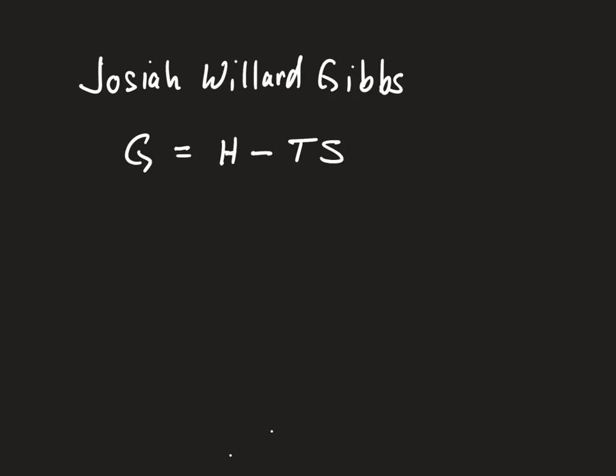Now, these are not things that we can usually measure in abstract. The only thing that can be measured in abstract is entropy. So we tend not to do this in terms of absolute numbers, but in terms of change numbers. So the change in Gibbs free energy is equal to the change in the enthalpy minus the absolute temperature, for working at constant temperature, times the change in entropy.